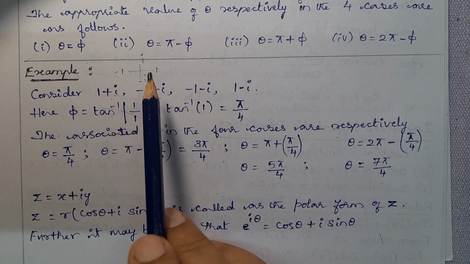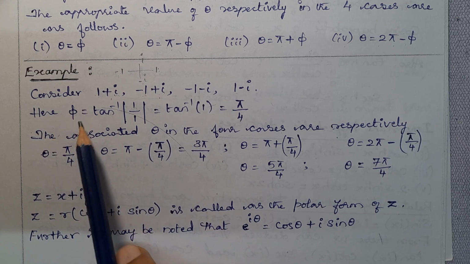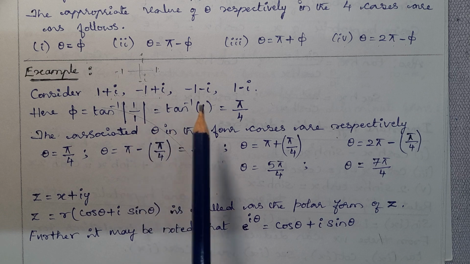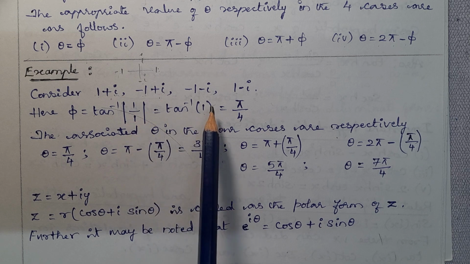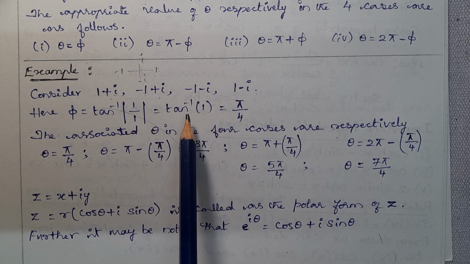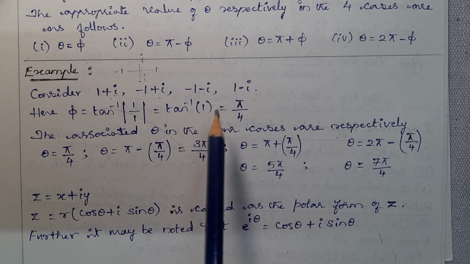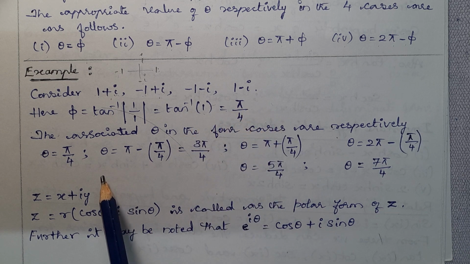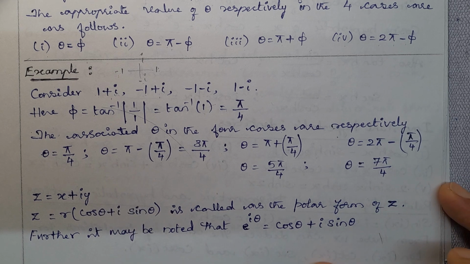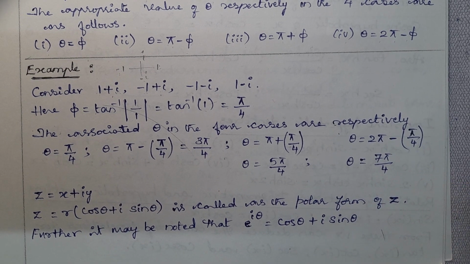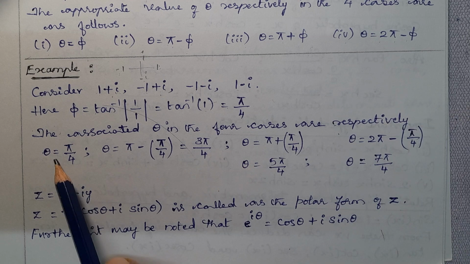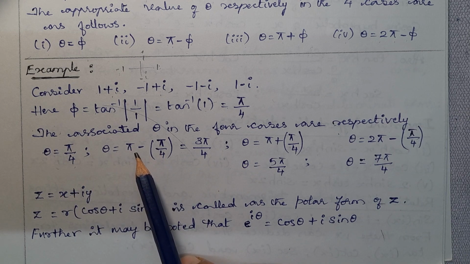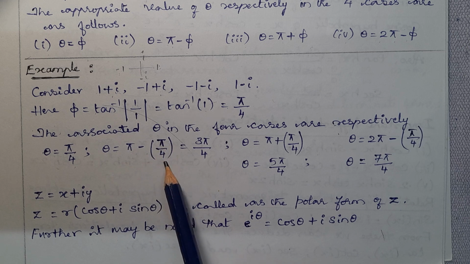Here phi equal to tan inverse of 1 by 1. 1 by 1 is 1, so tan inverse of 1 is 45 degree, otherwise pi by 4 radian. The associated theta in the 4 cases are respectively theta equal to pi by 4, theta equal to pi minus pi by 4.